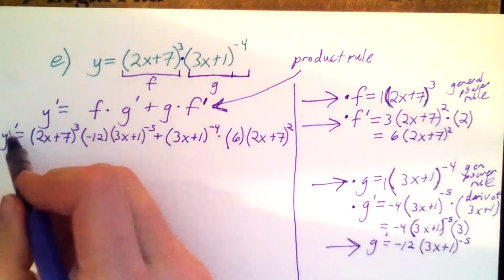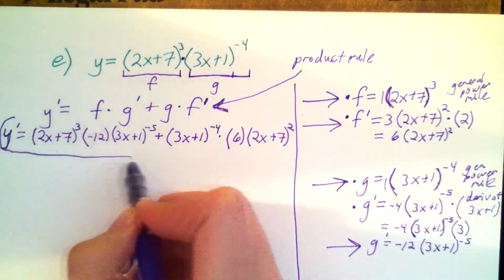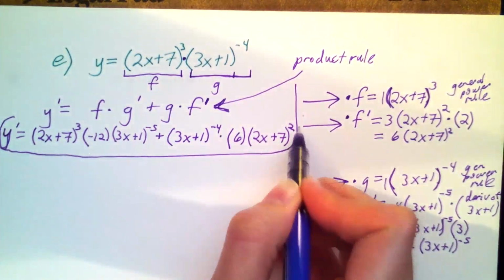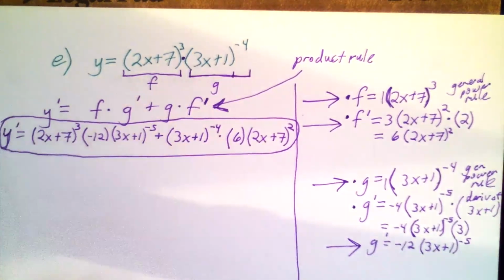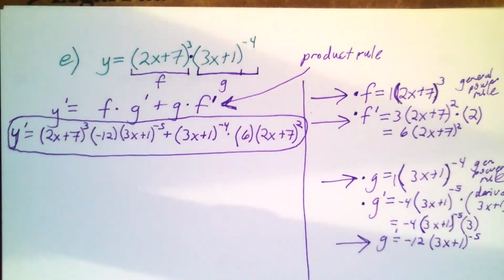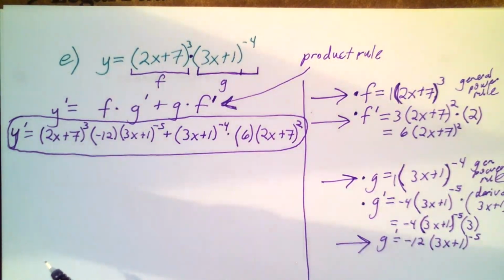So this is where I will stop and say, okay, this is the derivative. It's good enough. If you're plugging this into your homework, you can plug this in. Might take you a while to type it, but there it is. There's a derivative. You're good. You're done. So if you want to plug in a number into this, if it asks for, say, the derivative at x equal 2, you'd take and plug in an x value here and not worry about simplifying it.